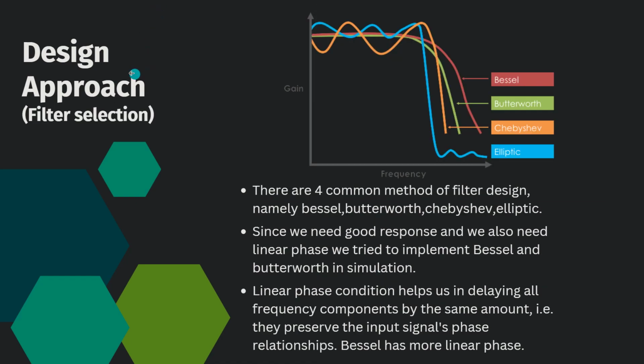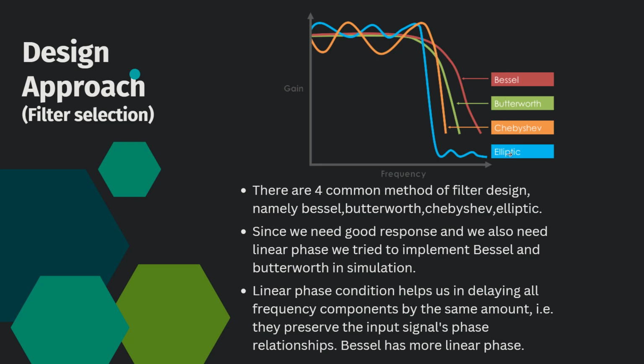And here we can see how we came to our design. It was very confusing for us to choose between Butterworth and Bessel filters, because Butterworth was offering us a better roll off, so the frequency values would attenuate more sharply. Bessel was also good, but Butterworth gave a better roll off than Bessel.